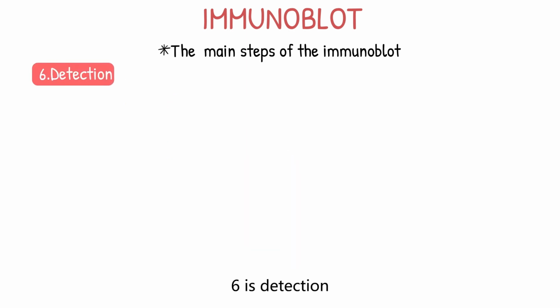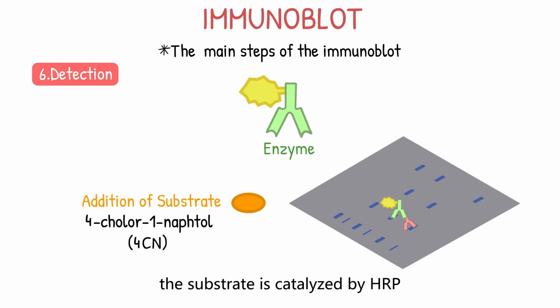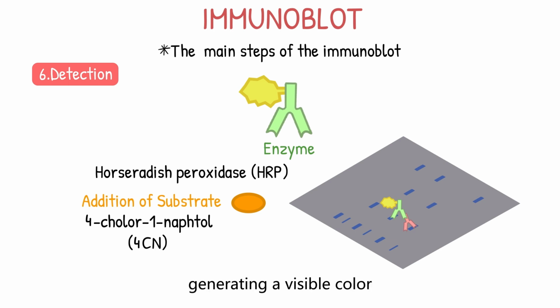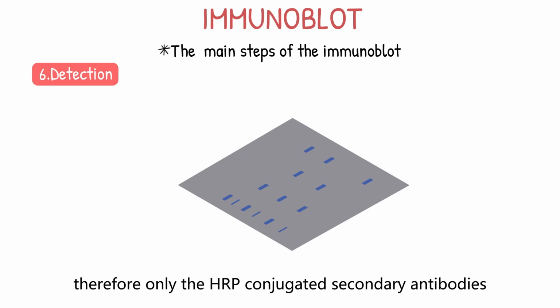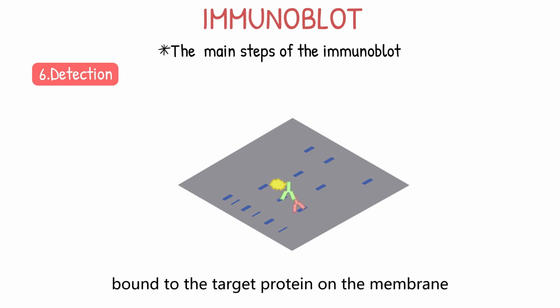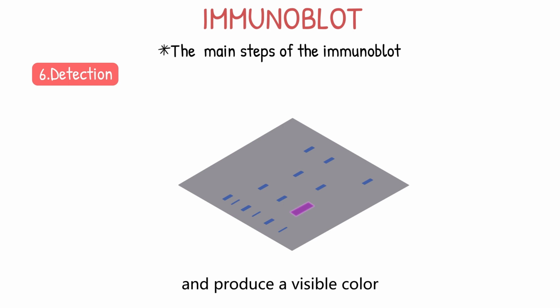Six is detection. A colorimetric substrate is added to the membrane. The substrate is catalyzed by HRP, generating a visible color. Therefore, only the HRP conjugated secondary antibodies that are specifically bound to the target protein on the membrane will react with the colorimetric substrate and produce a visible color.